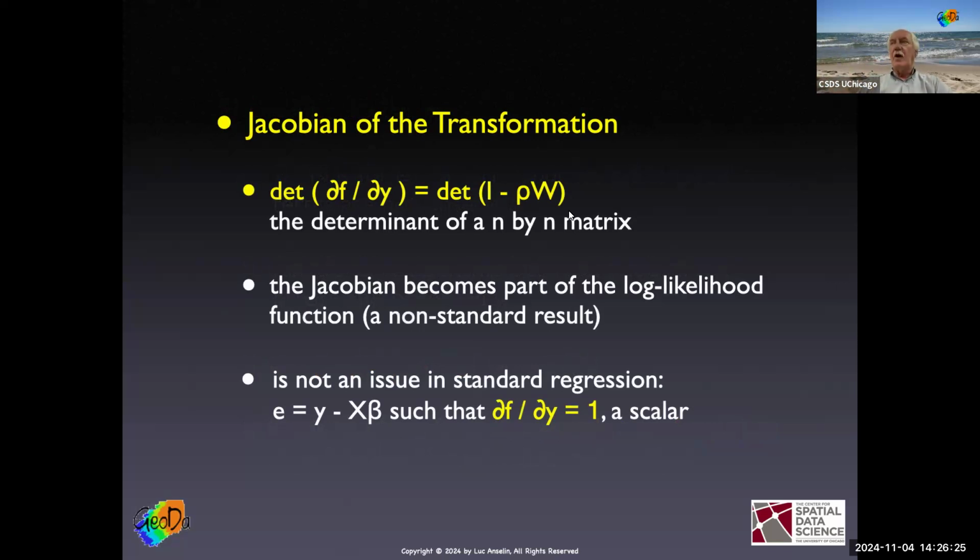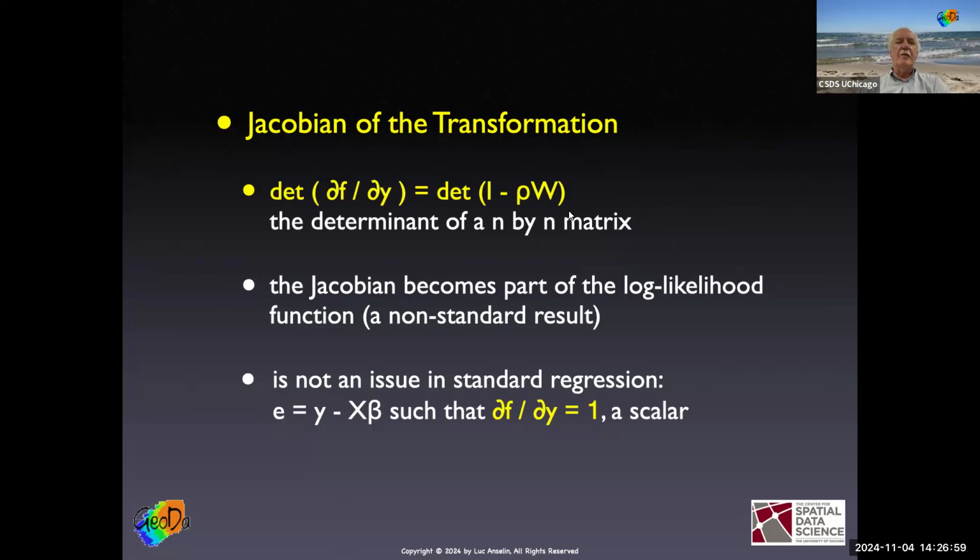The problem is that this is a determinant of a big matrix. Even though the determinant itself is a single number, this matrix is n by n. If you have 10,000 observations, it's a 10,000 by 10,000 matrix. That's big. And computing determinants of big matrices becomes a numerical problem. You get rounding errors and stuff like that. So at some point, it doesn't work anymore.